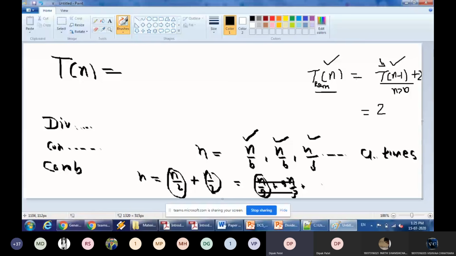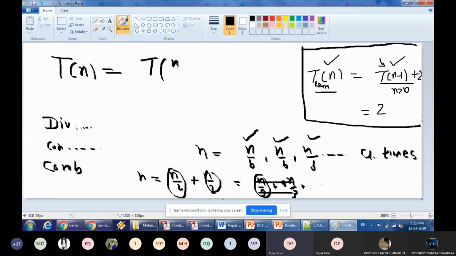Now the general recurrence relation of divide and conquer design strategy. So what can it be? We know that there are n by b parts, and how many times are they? a times. To solve this n by b part, we are calling the same algorithm, so that's why T of n by b. And how many such divisions do we have? We have a such divisions. So a into T of n by b, right?